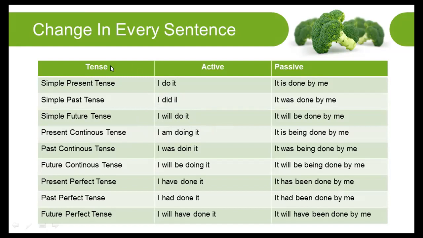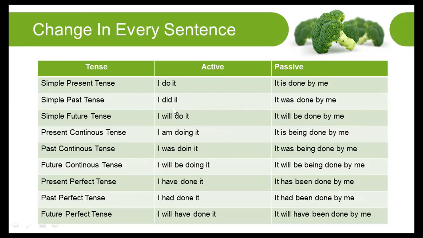How about will? Because this is simple future tense, we must put will: I will do it. This will can be the to be in the simple future. We look at the passive sentence in simple future: it will be done by me.